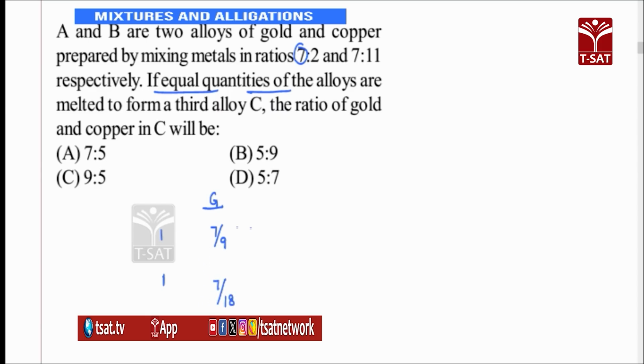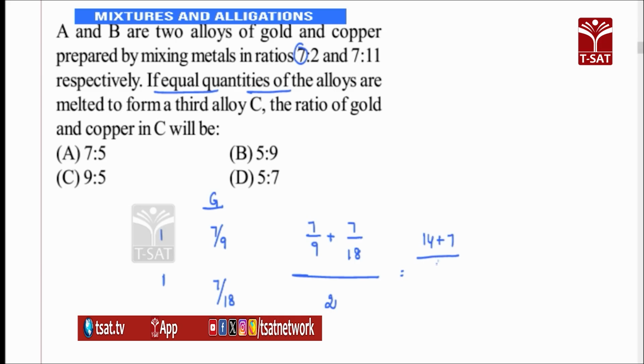In the resultant mixture, the formula says N1A1 plus N2A2 divided by what? Divided by N1 plus N2, that is 2. So 1 into 7 by 9 plus 1 into 7 by 18. Take the LCM. LCM gives you 18. So 9 2s are 14 plus 7, 21.